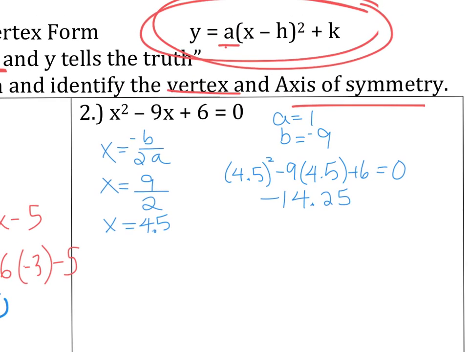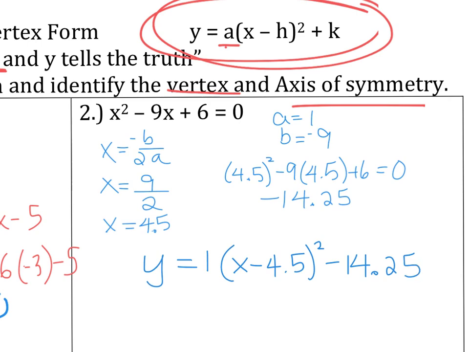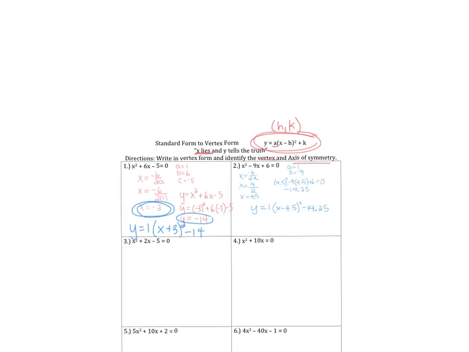So I'm going to go back to my formula, it's right above. Y equals, A is 1, so I don't have to put anything. X minus 4.5 squared, and then plus K, which is minus 14.25. It's going to look weird, but that's the answer.